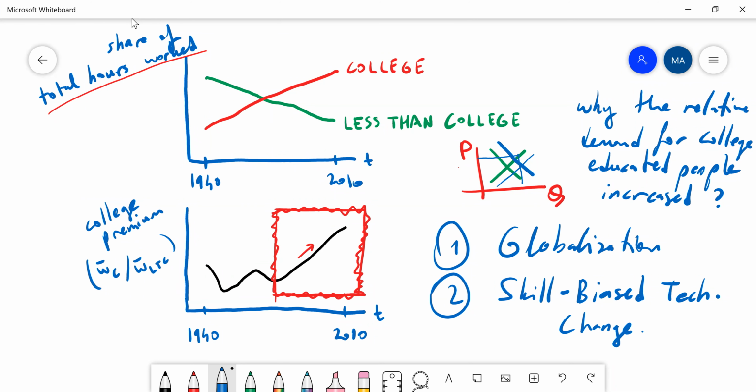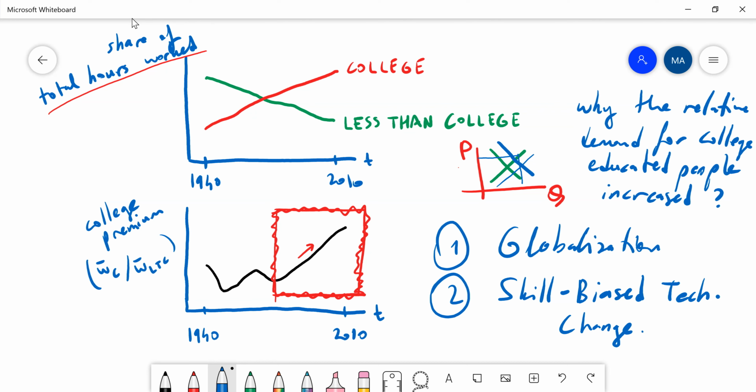Now, what are these? Globalization decreases the relative demand for uneducated people, right? Why? Because imagine this is the American economy. When the U.S. economy starts trading with countries such as China, Indonesia, India, and Cambodia, those countries, of course, specialize in labor-intensive goods. So if the U.S. is increasing trade relationships with these labor-abundant countries, the U.S. itself is specializing more in capital-intensive goods, right?